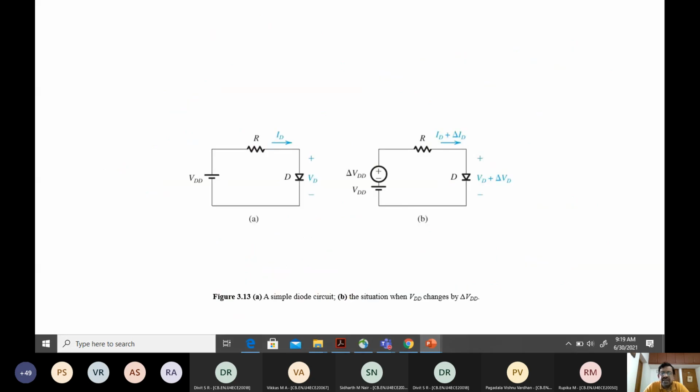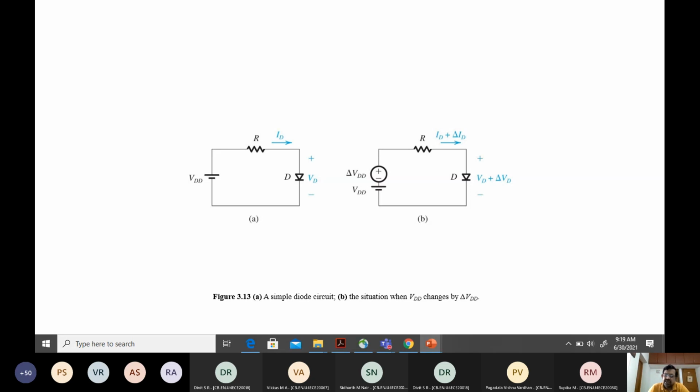So here is the circuit, which I pulled from the prescribed textbook, Sedra Smith. Capital VDD is the source voltage. The current flows through the resistor and the diode. We always want to limit the forward current because every diode is rated for a particular current. Remember that. Now delta VDD is the change.